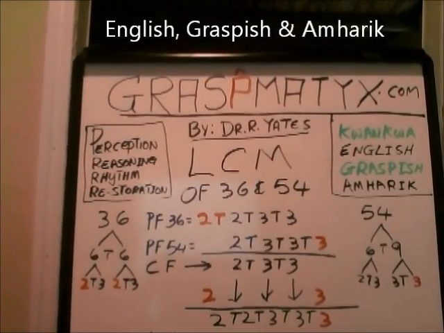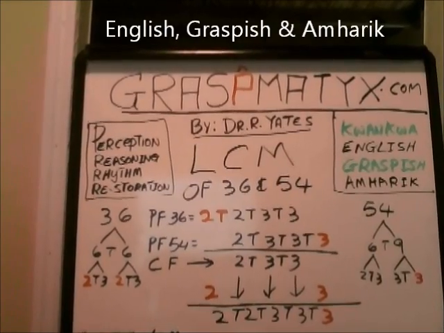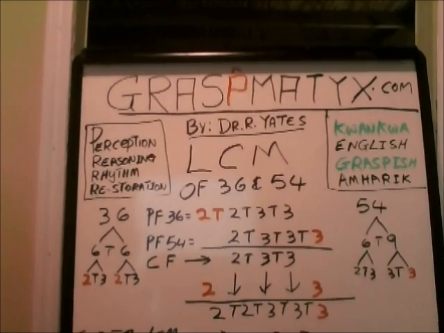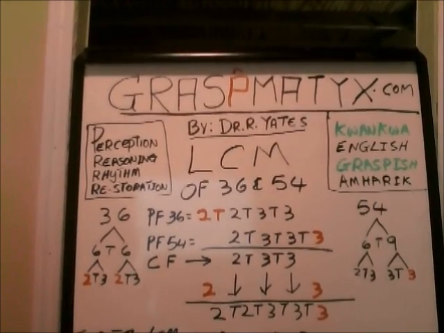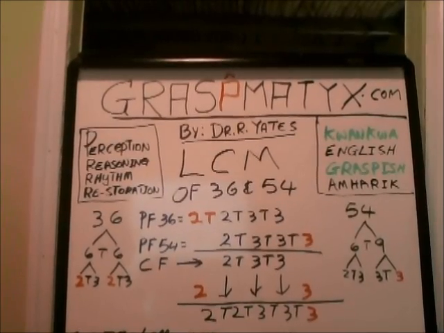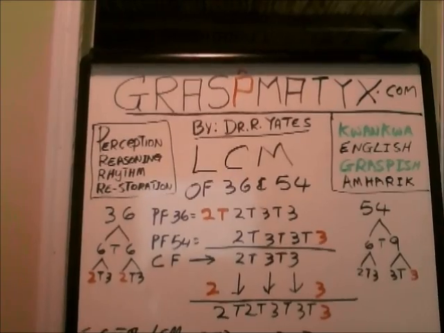It's taught in English, Graspish, and also in Amharic. You hear Dr. Yates incorporating Amharic words when he is teaching this math. Most of all, he likes to express the figures in Graspish, which means making sense of the English nonsense.